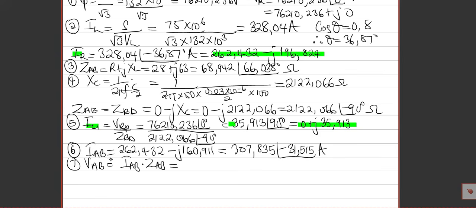So here I want to substitute my IAB, which I found as 307,835 at the angle of minus 31.515, times my ZAB, which is 68,942 at the angle of 66.038.